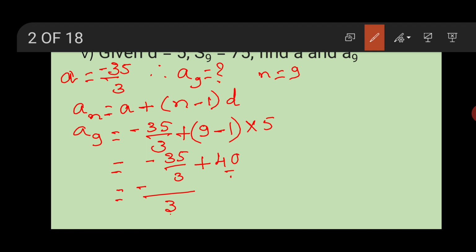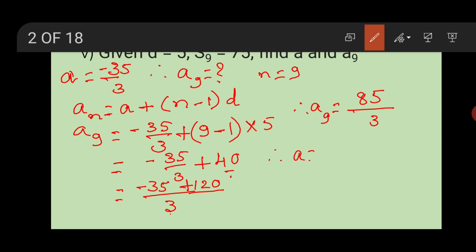Minus 35 ones are minus 35 plus 3 into 40 is equal to 120. Therefore a9 is equal to 120 minus 35 is equal to 85 divided by 3.